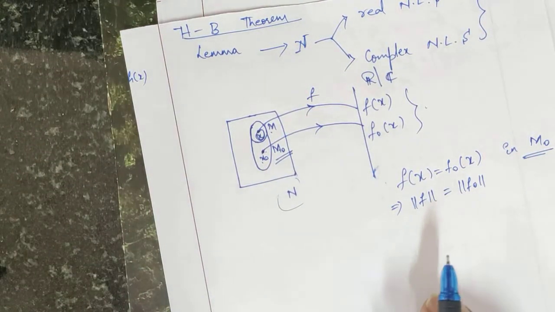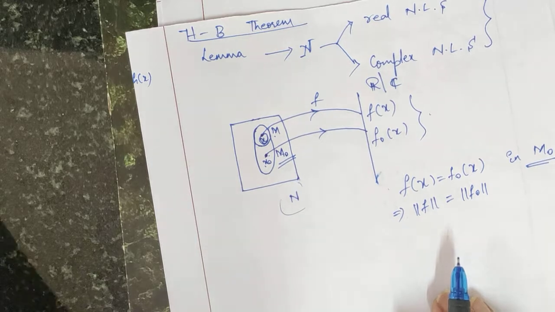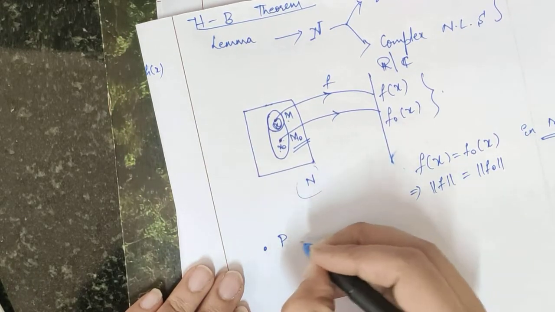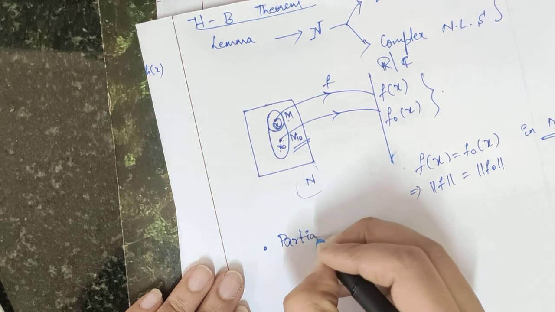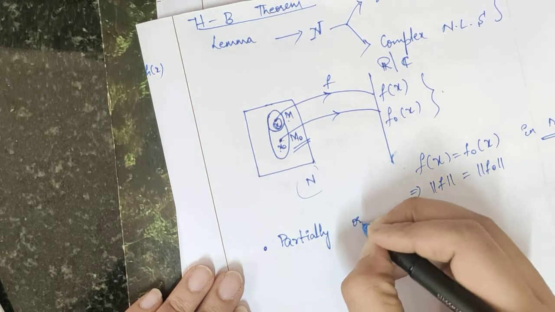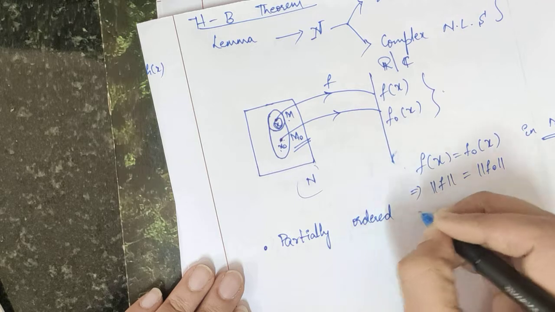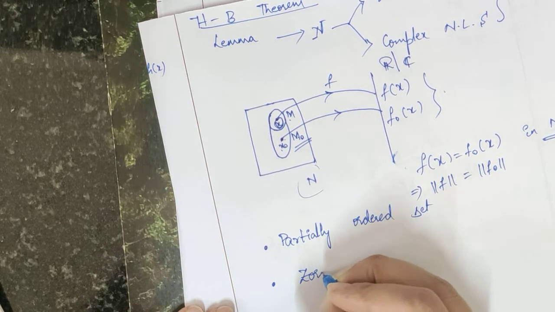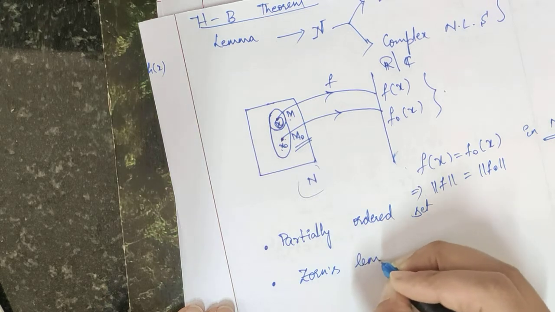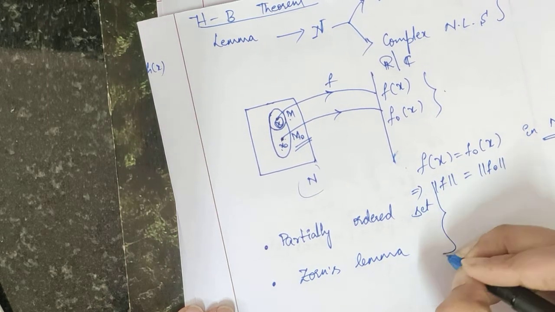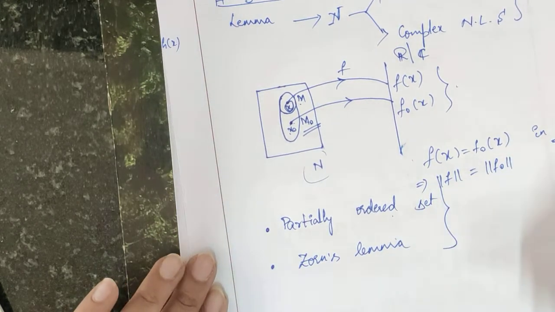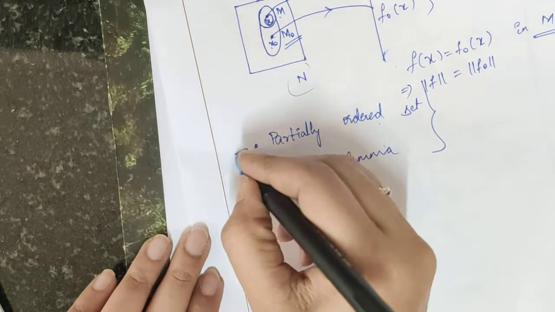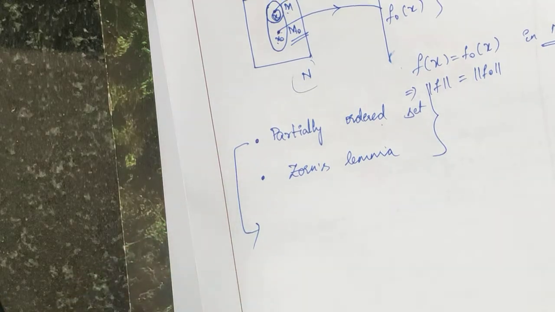In order to prove this part, I will be using two main concepts: one is the partially ordered set, and another one is Zorn's lemma. You have studied both topics in your previous semesters. So let's see the partially ordered set definition first.